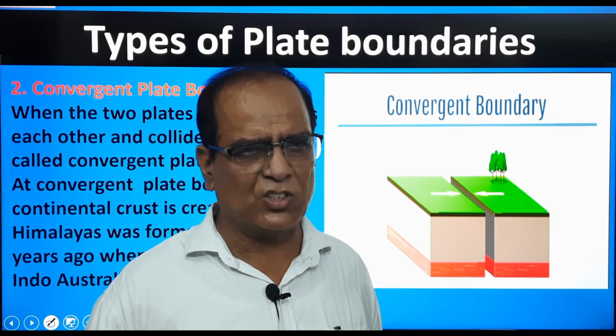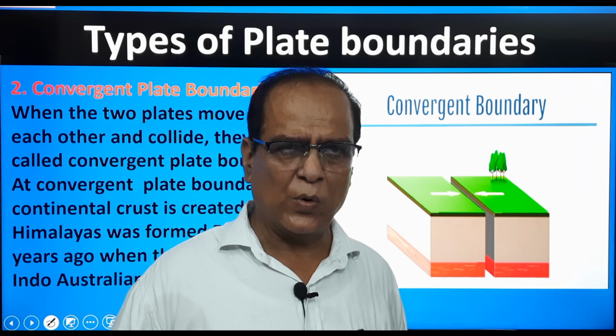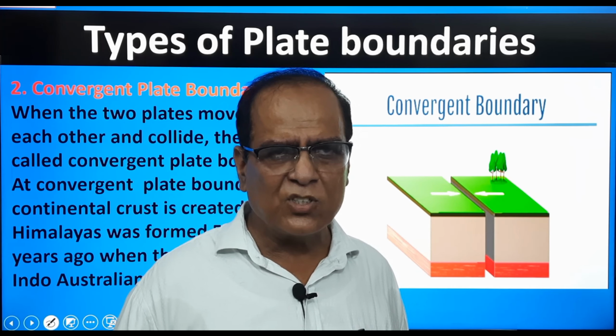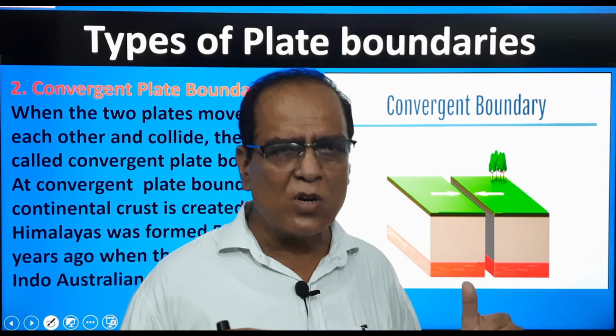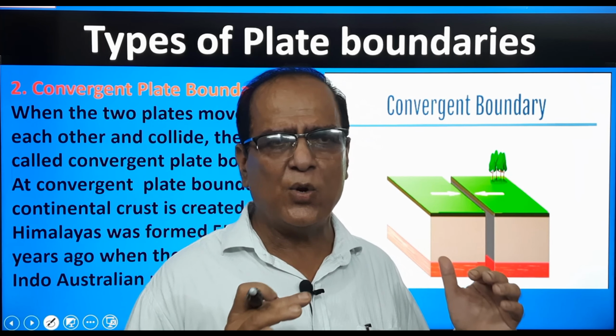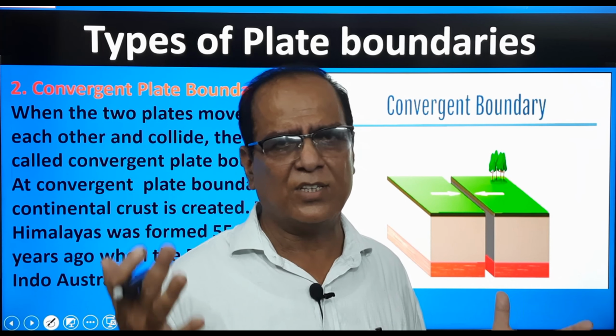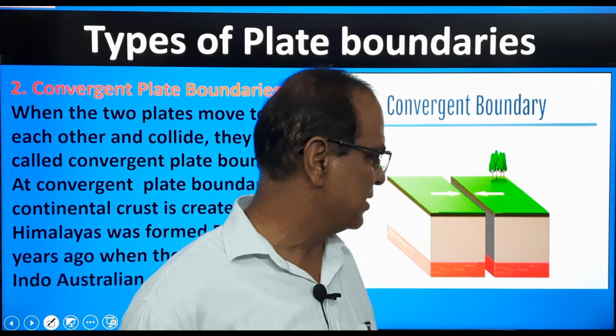This came into existence around 55 million years ago. And in what way did it come into existence? When there was a collision between two plates, the Eurasian plate and the Indo-Australian plate. When they collided, we got the mighty Himalayas.